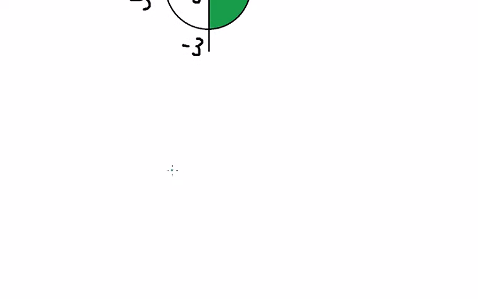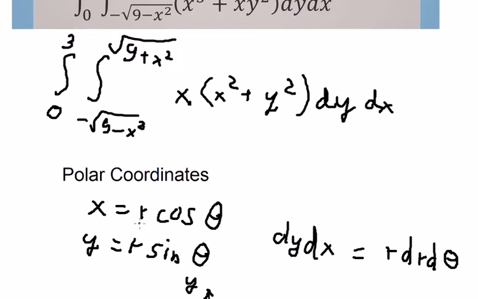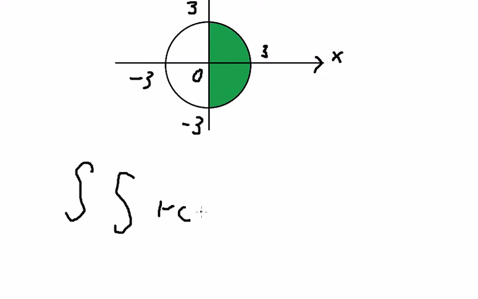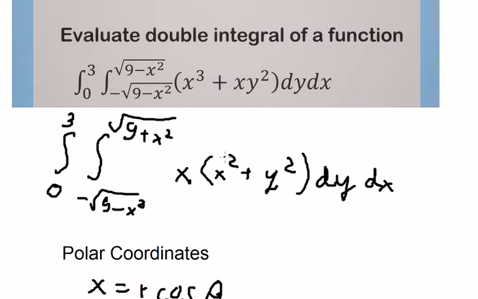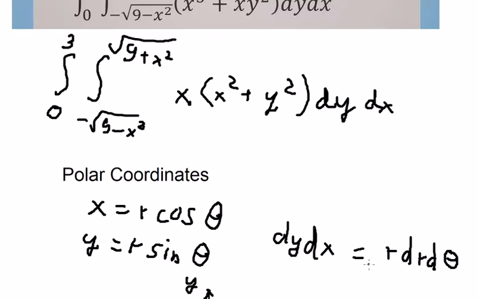And now we create the new double integral in here. So we have x, we change it for r cosine theta. X square plus y square, we got r square. This one we change for this one.